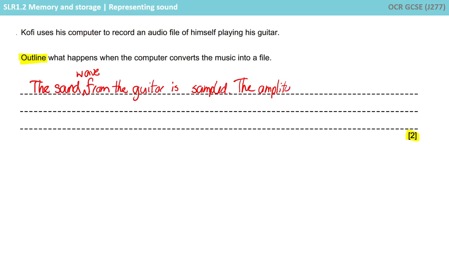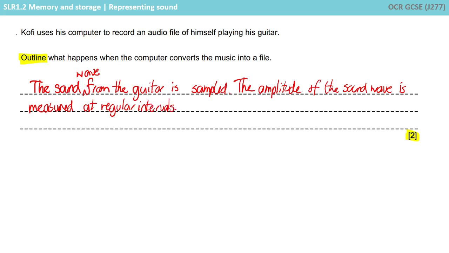The amplitude, because we're explaining what sampling is, of the sound wave is measured at regular intervals. It's not just once.